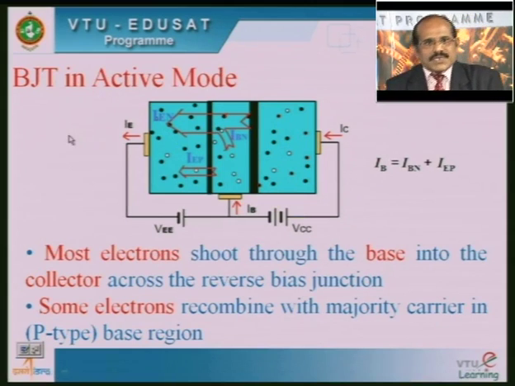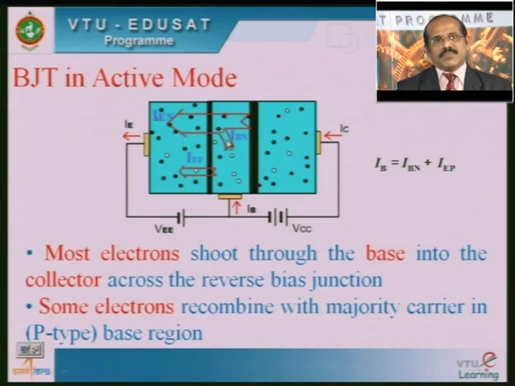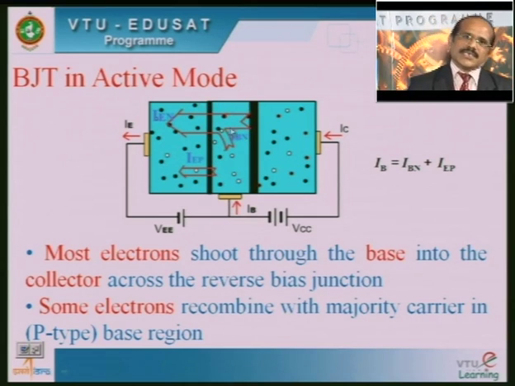Now let us see once again. When these electrons come to this base region, they will be minority charge carriers in the base region, because this is N region, this is P region. So when these electrons move from N to P, they become minority charge carriers.